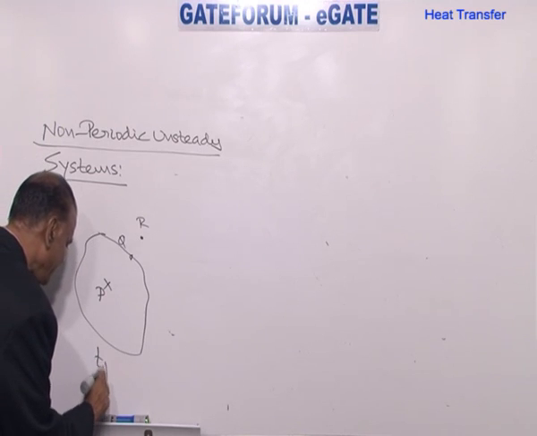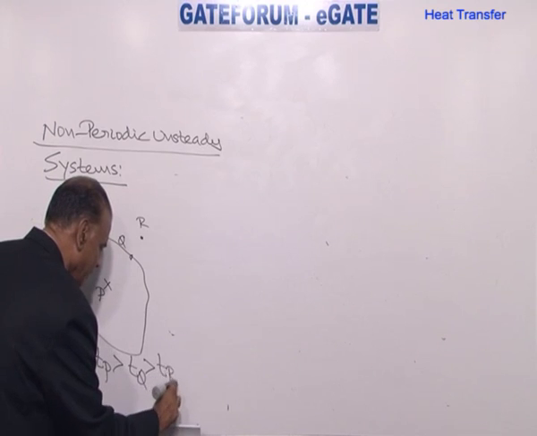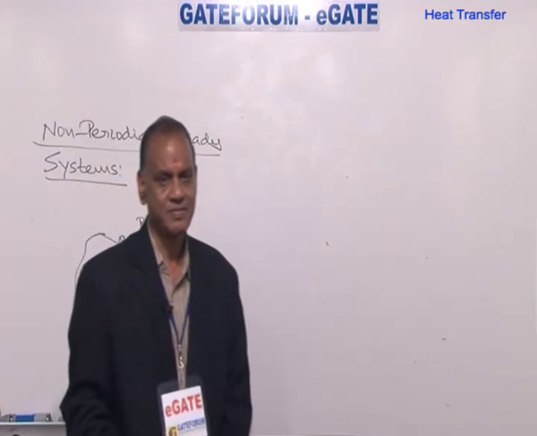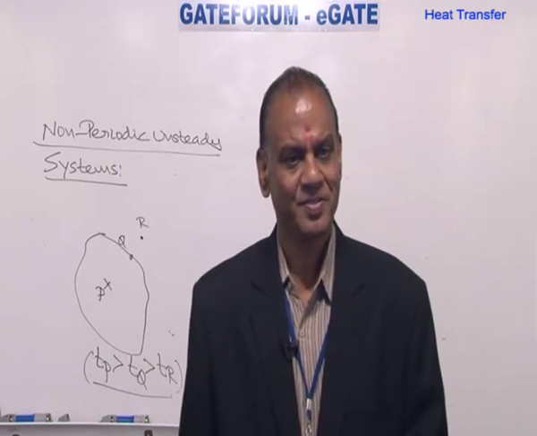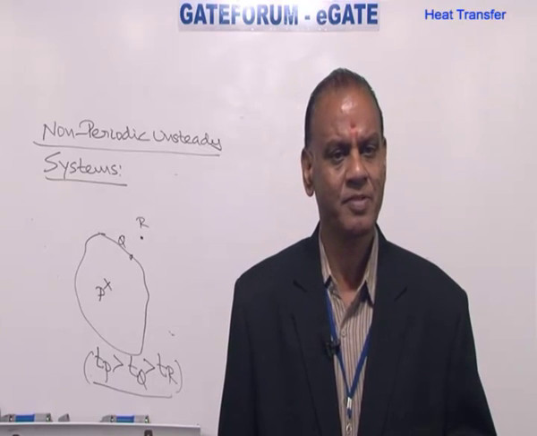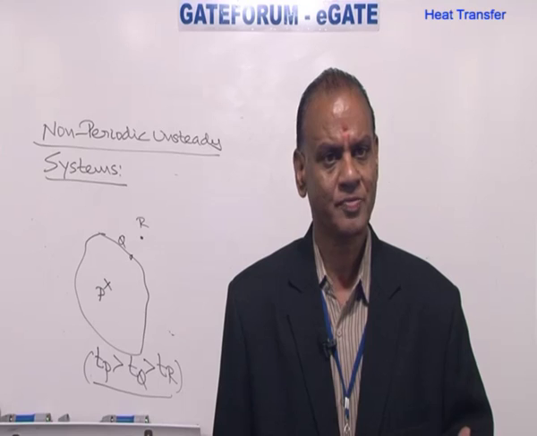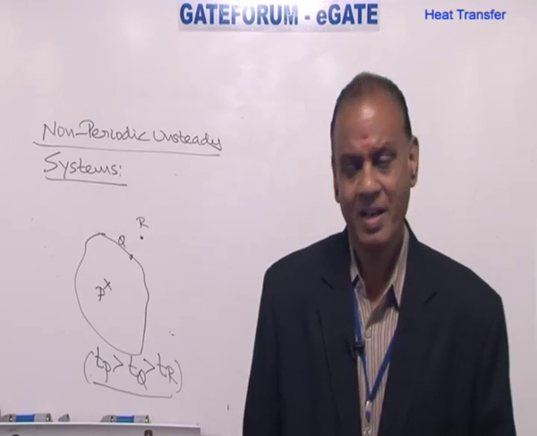Let us imagine that P is hottest, followed by Q, followed by R. We are providing a direction for heat transfer. You can even have otherwise, R greater than Q, greater than P, but we are beginning with this proposition. Inside point is hottest, then surface point, then the fluid temperature.